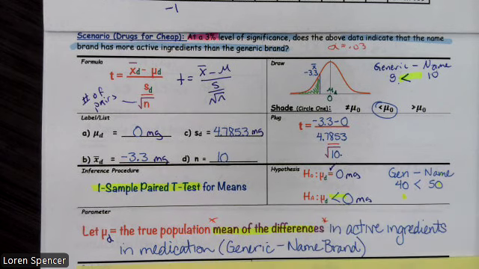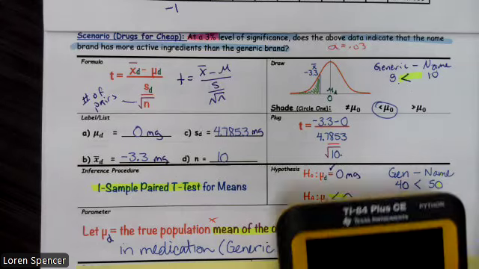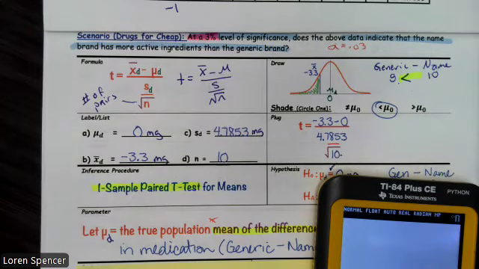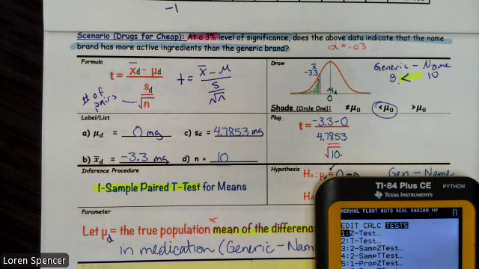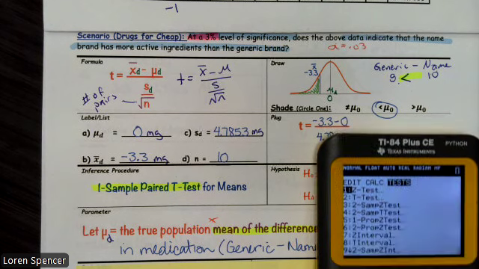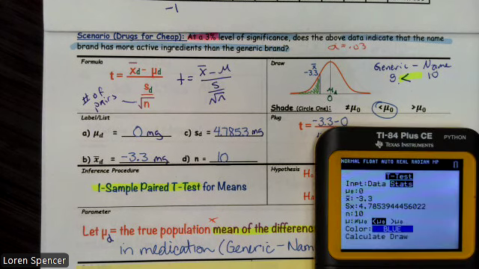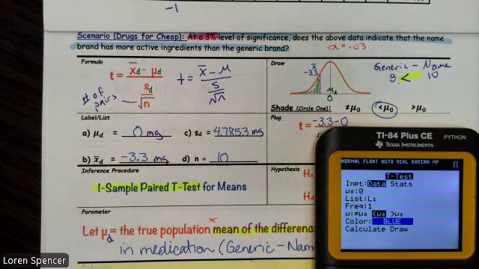All right, let's go ahead and run this test. We go stat, test, and it runs just like a regular one sample t-test. We need to make sure data is highlighted because we put all that data into the calculator. Our mean is 0. The list that I care about is not L1 or L2, it's the differences, which we put in L3.